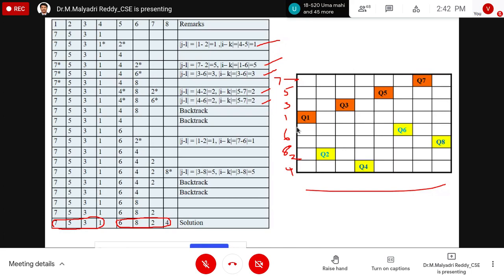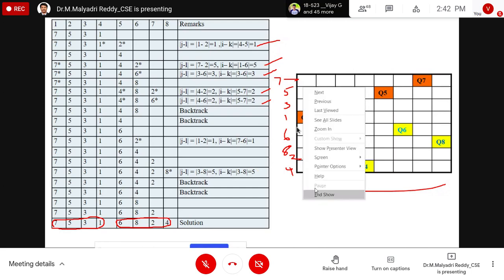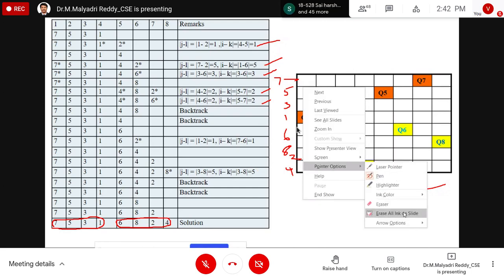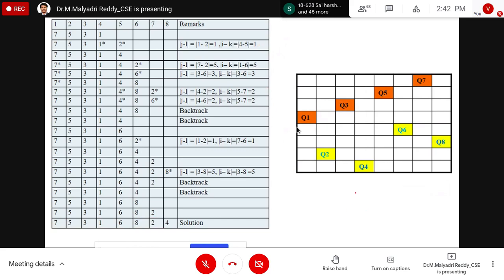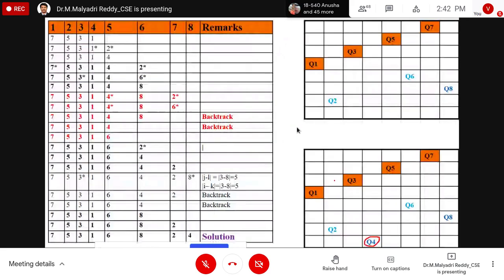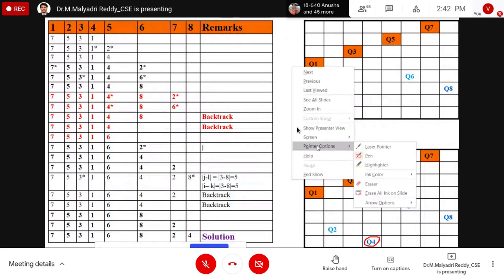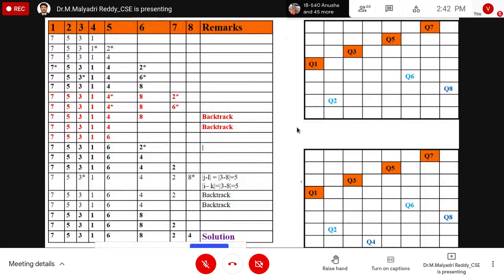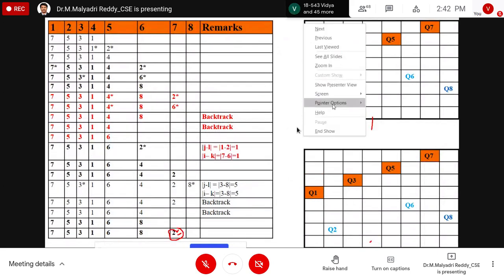If anybody has doubts on the n-queen problem, it is very important. Anybody ask the doubts?